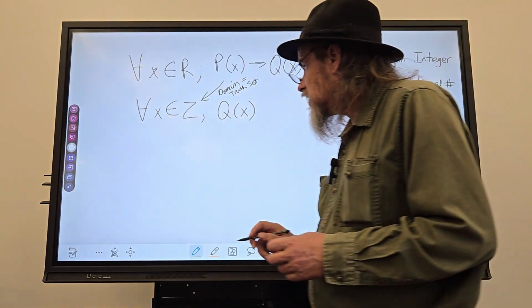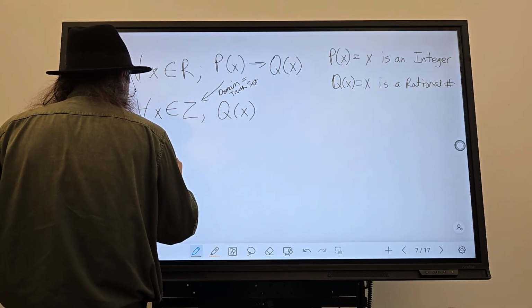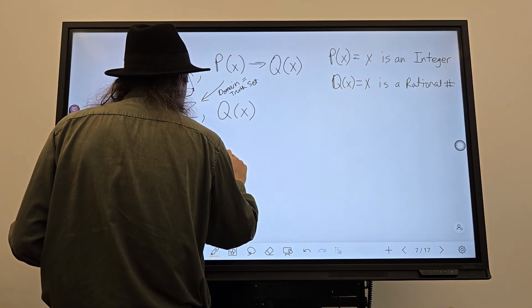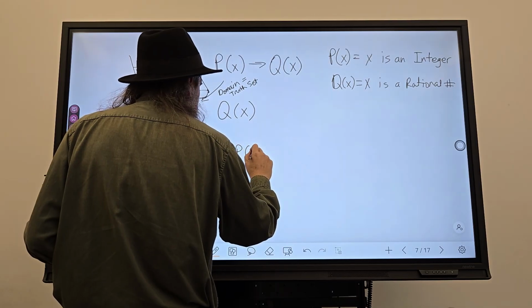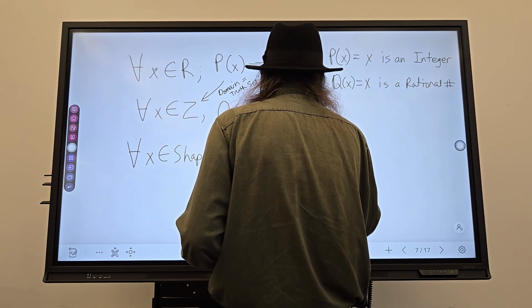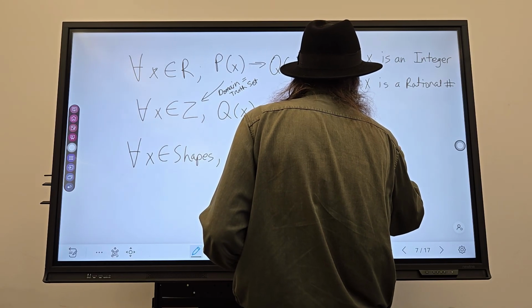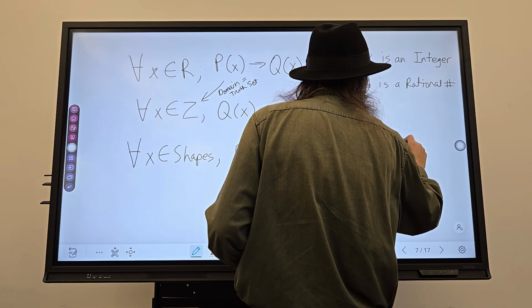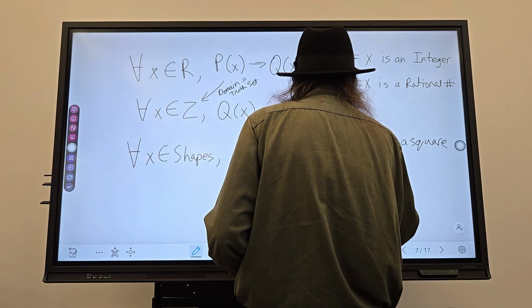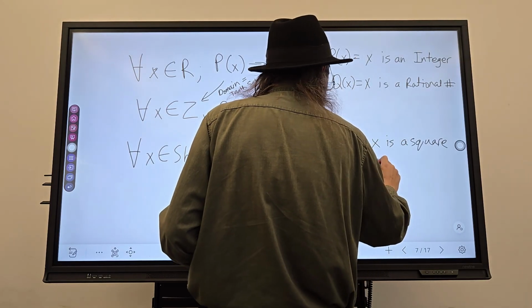So for all x element of shapes, if p of x, then q of x, where p of x is x is a square, and q of x is x is a rectangle.